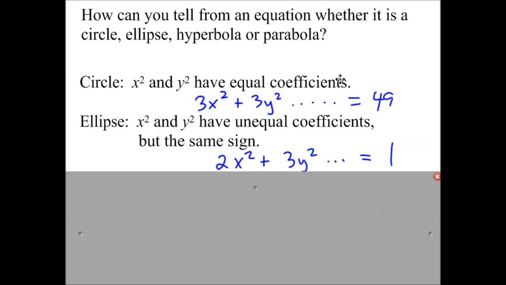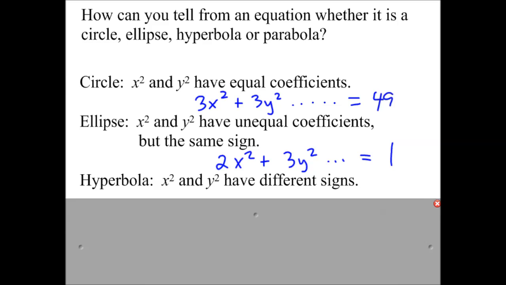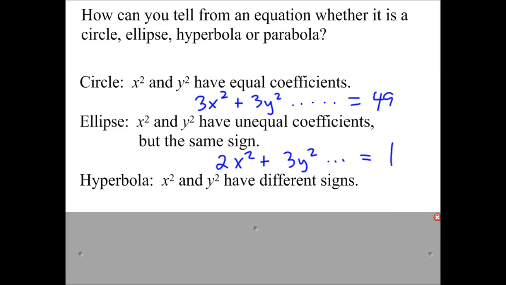that is an ellipse. A hyperbola is x squared and y squared with different signs. So basically, if you see x squared plus y squared ideas, you're going to be looking at ellipses and circles. If you see x squared minus y squared or y squared minus x squared, then it's going to be a hyperbola. So those are a couple examples of hyperbolas.